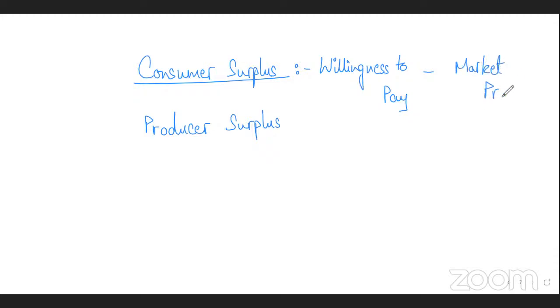Now, let me explain in simple words. Let's say someone comes to my economics class and that student has a willingness to pay of 8,000 rupees per month. That student thinks this is a fair amount, or this is what he or she can pay. But when he comes to Mega Lecture Classes, the student realizes that the price we charge per month is lower than this.